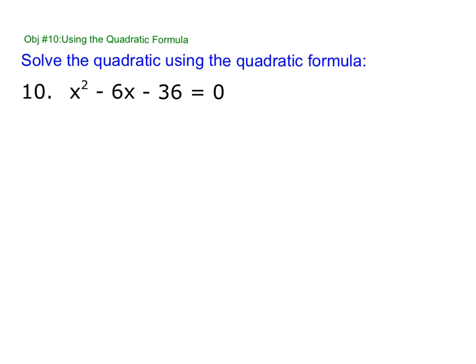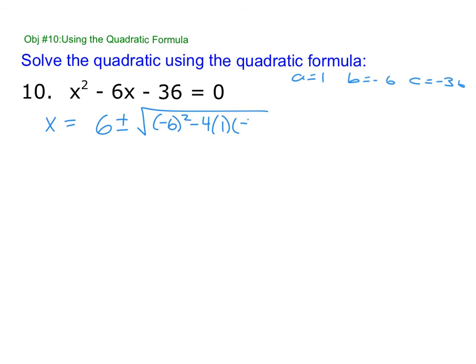All right, try this one on your own. A is 1, B is negative 6, and C is negative 36. X equals 6 plus or minus the square root of negative 6 squared minus 4AC, all over 2 times 1. So let's see. This is 36 plus 72.